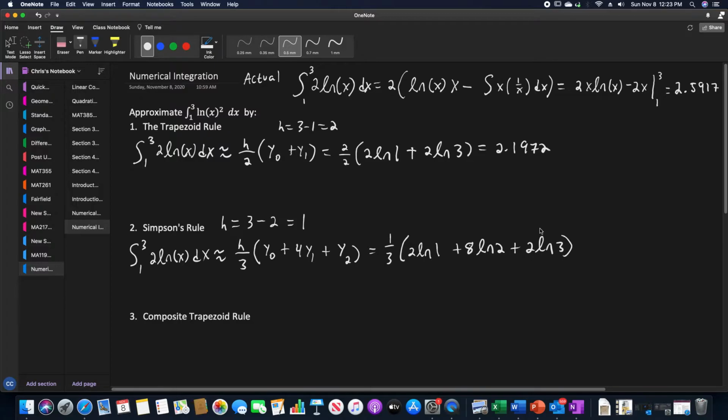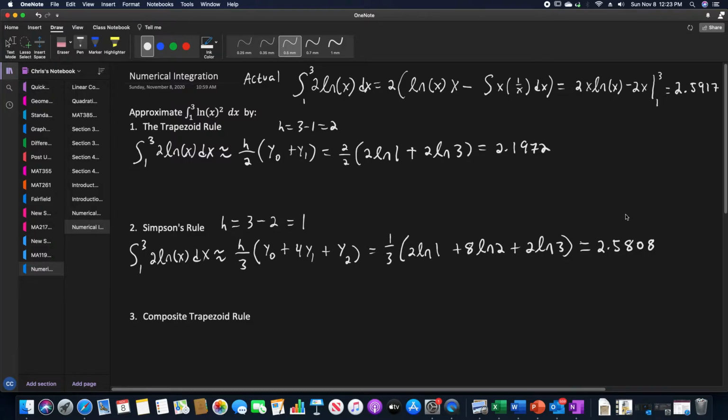When we toss this entire thing into a calculator, we would get an answer of about 2.5808, which is a lot closer than the trapezoid rule. Still not that close, unfortunately.